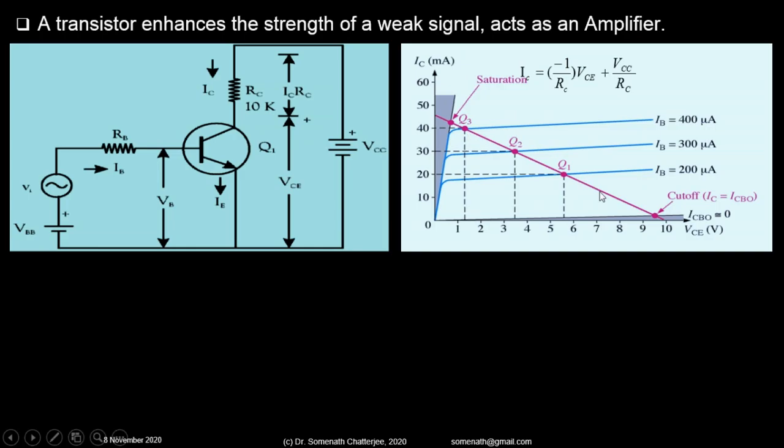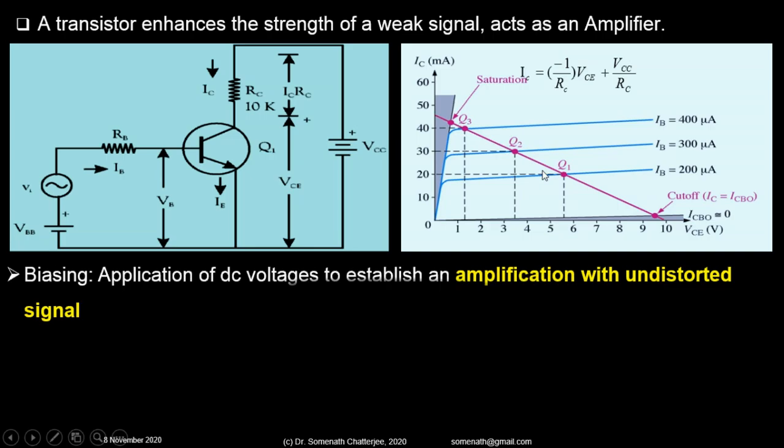Here we plot the load line, which intersects the output characteristics curves, and the points are called the operating point. The operating point is the point whose values are used for the amplification. So the biasing is important, right?